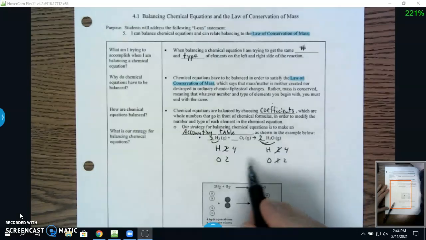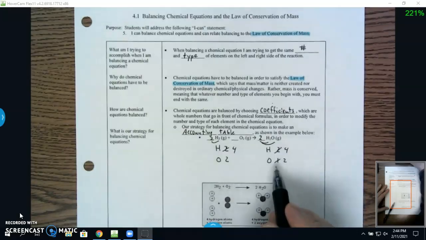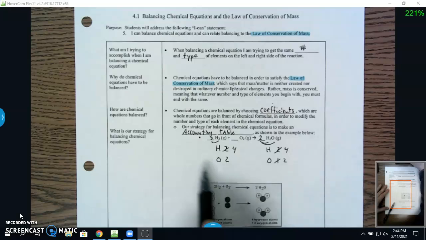Because we've been nice and neat and organized in our accounting table, our eye can easily scan left and right and see that we have the same number and type on the left and on the right. Now let's think about what this means conceptually. Having 2 diatomic hydrogens means this: here is 1 diatomic hydrogen, and here is the second diatomic hydrogen.